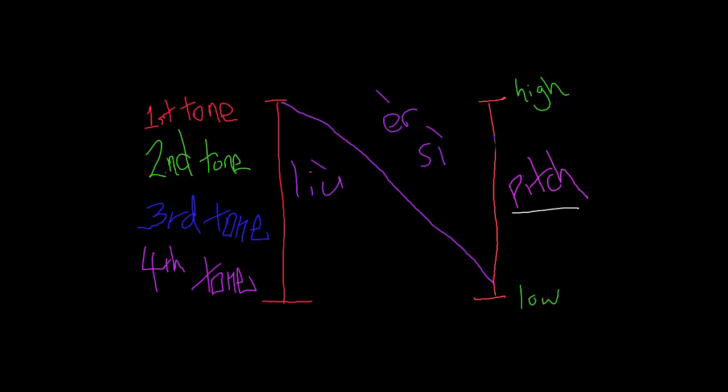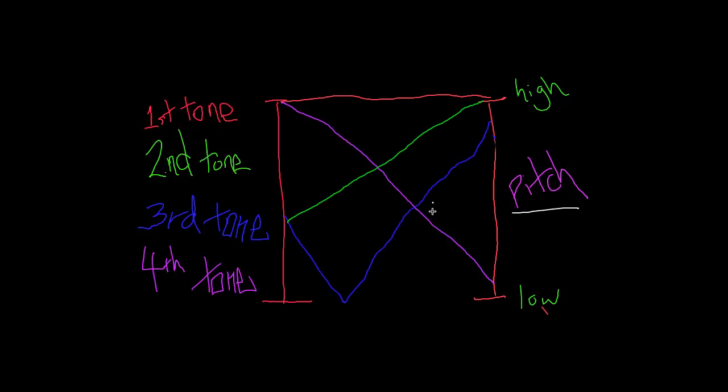Alright, so those are the four tones. So there are the four tones all together. We have the first tone, the second tone, the third tone, and the fourth tone.